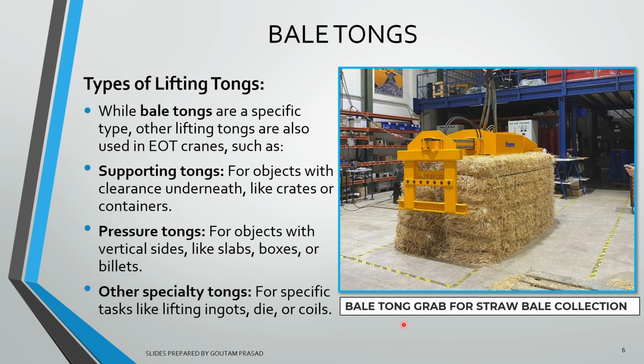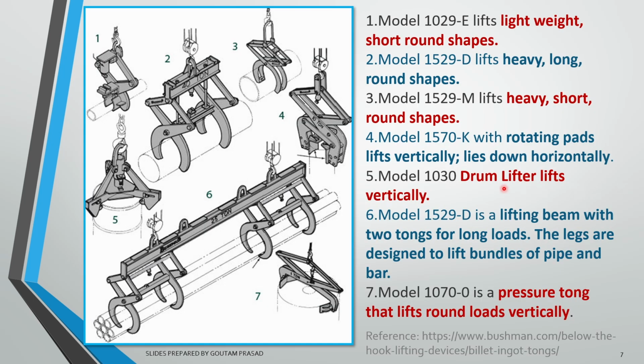So here, a bale tong grab for straw bale collection has been shown. Here, different types of bale tongs have been shown constructionally, like for a pile of tubes. This type of bale tong is used for cylindrical material. This type of bale tong is used for materials like billets.